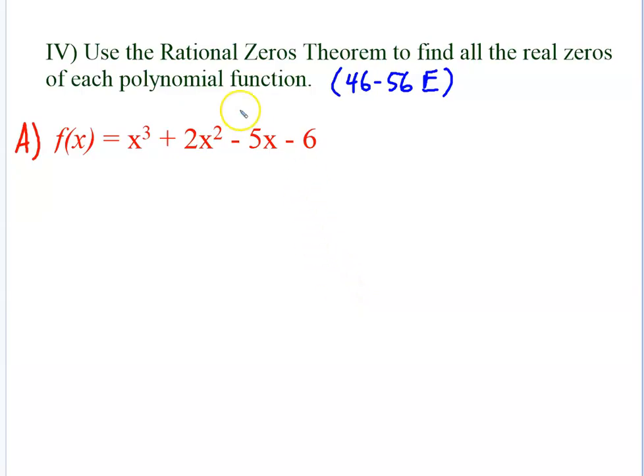Now we're going to use the rational zeros theorem to help find all the real zeros. Okay, and that's what you're going to do in this block of problems. So once again, the rational zeros theorem, rational root theorem, also known as, list out all the factors of the last number, plus minus 1, plus minus 2, plus minus 3, plus minus 6, and then put that over the factors of the lead coefficient, which is 1.